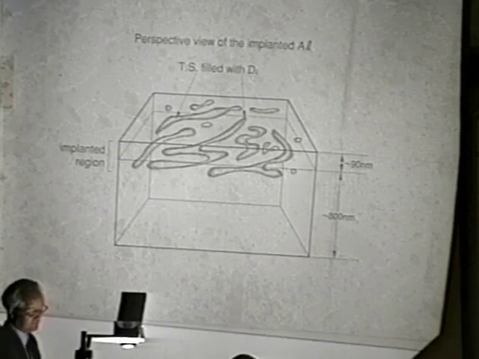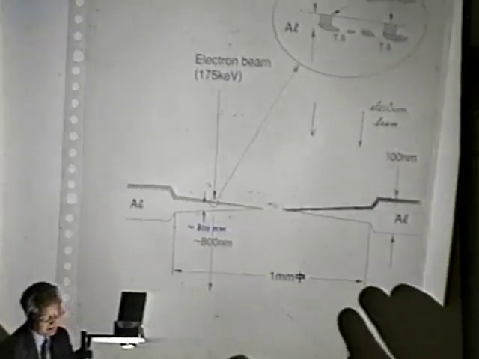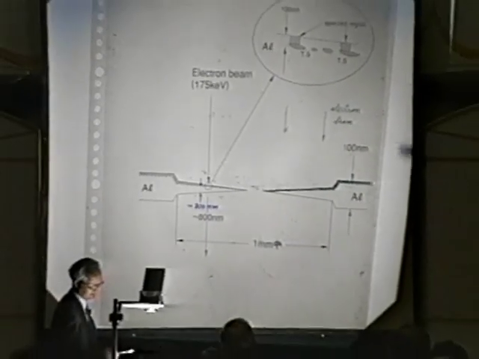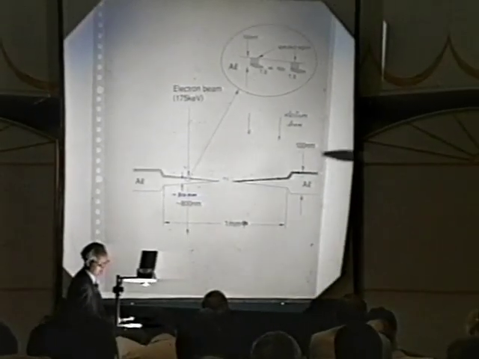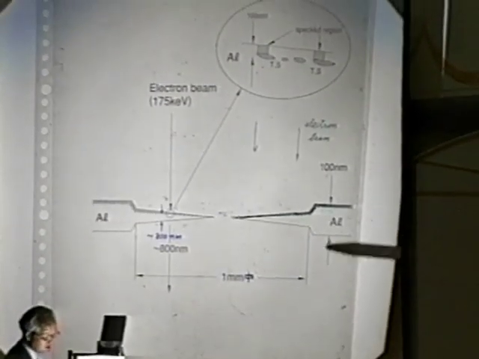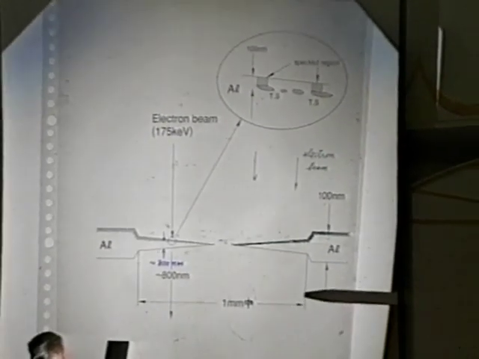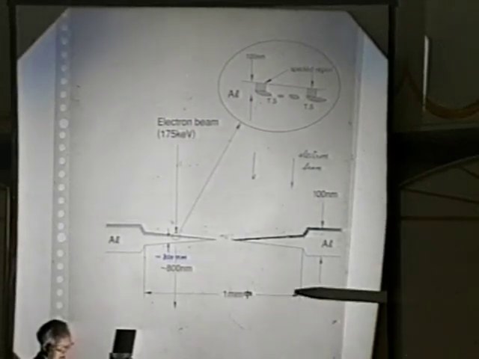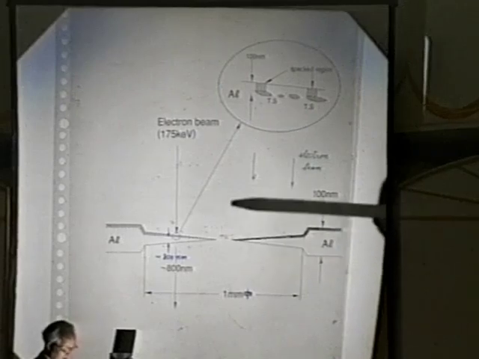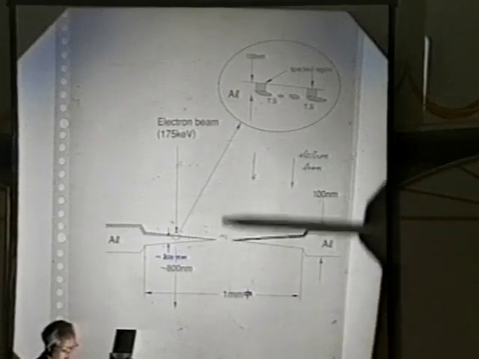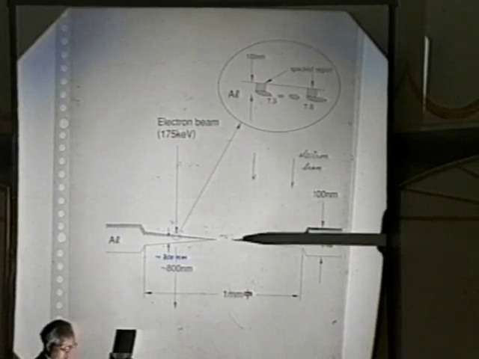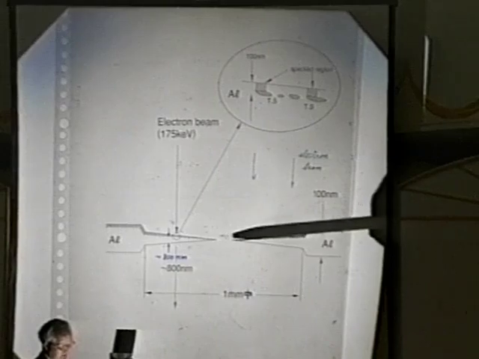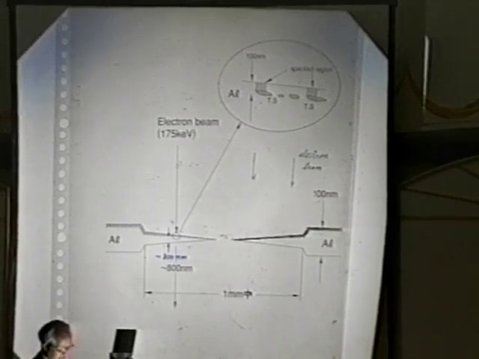And if we look at the specimen perpendicular to the cross section, it must be like this. The aluminum specimen was made into a disc, so it has about a 1 millimeter diameter and a very small hole here in the central part, very thin near the hole, and thicker as we depart from the center.